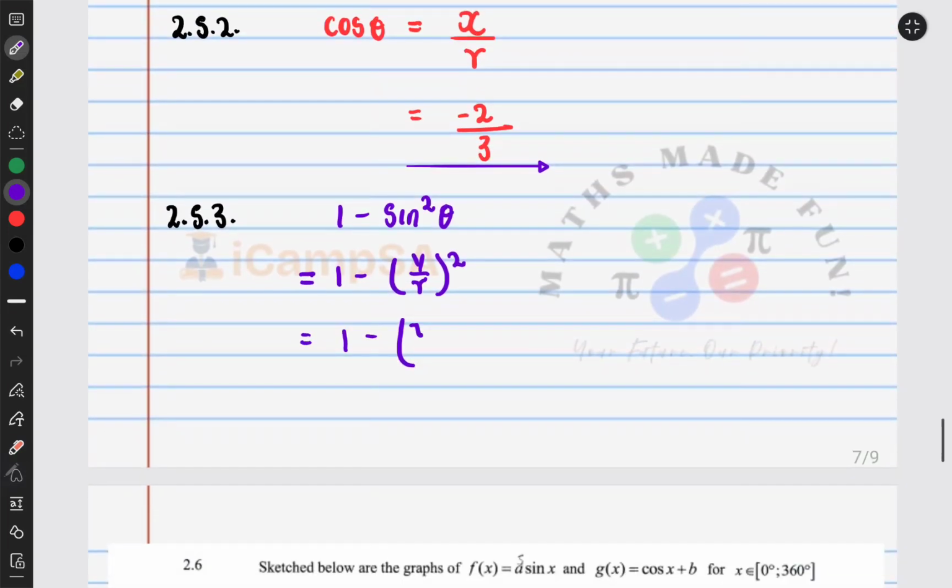We have root 5 over 3, squared, and this is equal to 1 minus root 5 squared, which is 5, over 3 squared, which is 9. To simplify this further, we keep one denominator, which is 9, and 9 times 1 is 9, minus 5. The answer is going to be 4 over 9. That will be your final answer, 4 over 9.